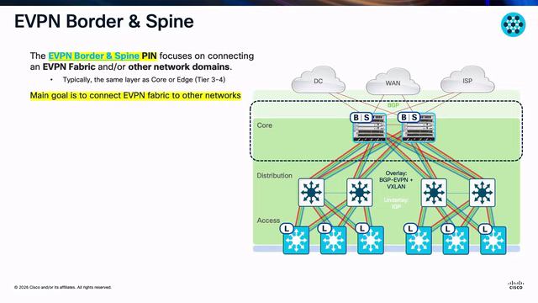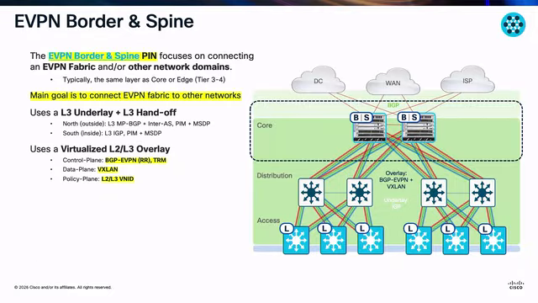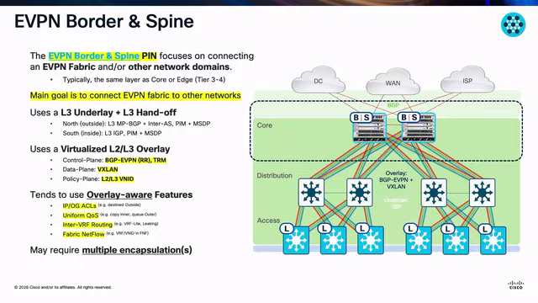Now, in the EVPN case, some nodes will be considered the border or the spine. The border is a border. It's how I get to the other place. And the spine, by another name, is a BGP route reflector. So it's going to keep track of where all the routes are for the host. So this is a scale question. I should have added the slides similar to Jakob did. Like, the main thing is the scale.